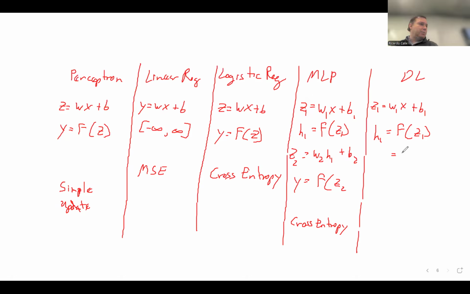Then it's going to be W2 times H1 plus B2 to produce Z2.